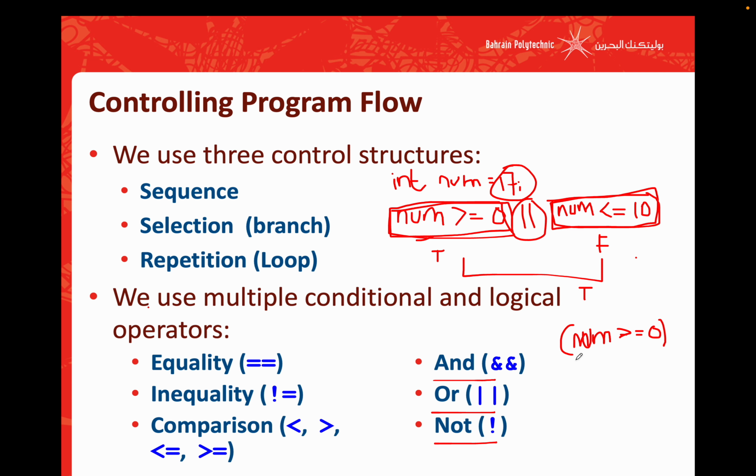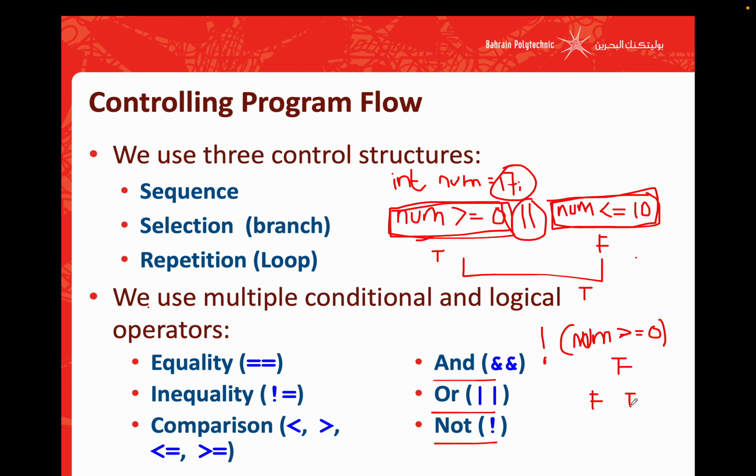So num is greater than or equal to 0. This is true. 17 is greater than 0. But if I put a NOT outside, what it does is it makes the result opposite. What does that mean? If it is true, it will make it false. If this was false, then it will make it true. So it just gives you the opposite result. If it's true, it makes it false. If it's false, it makes it true.